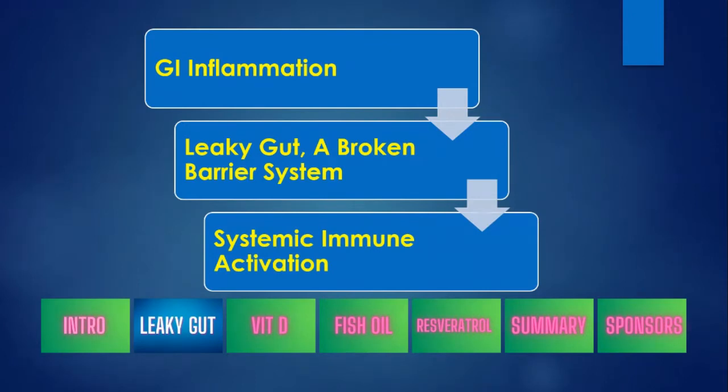So the first thing, and one of the most important things to understand, is that when there's inflammation, it disrupts the intestinal microbiome, this environment in the gut. And this can lead to leaky gut or intestinal permeability.